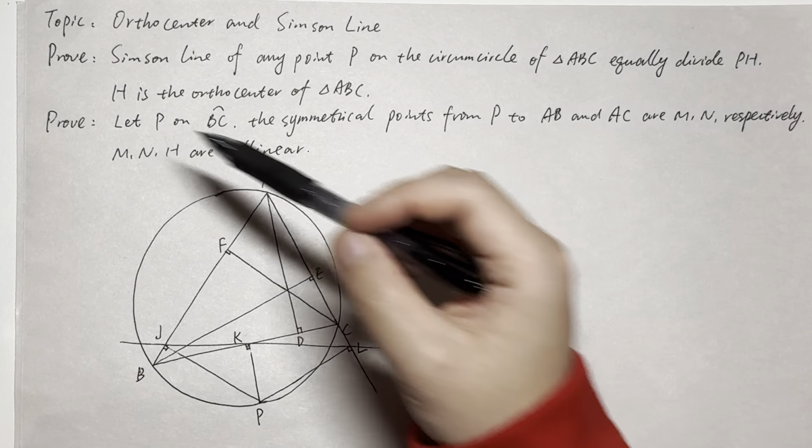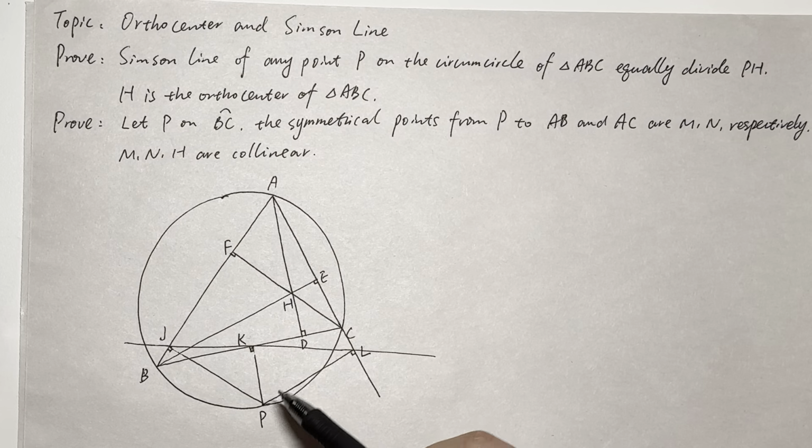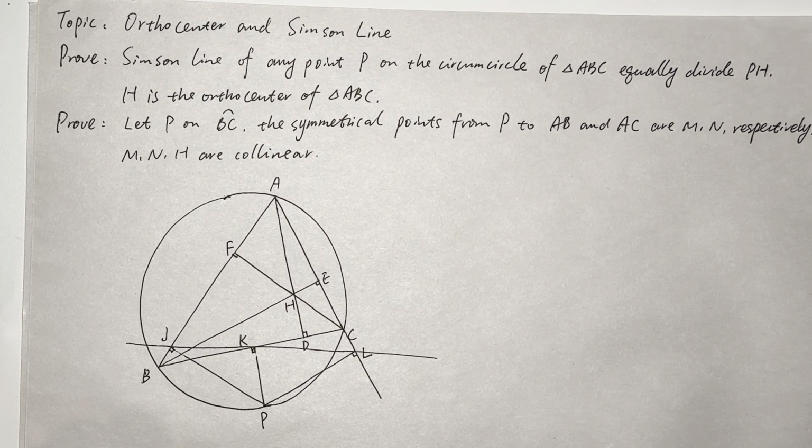The first one is to prove the Simson line of any point P on the circumcircle of triangle ABC equally divides PH, where H is the orthocenter of triangle ABC.